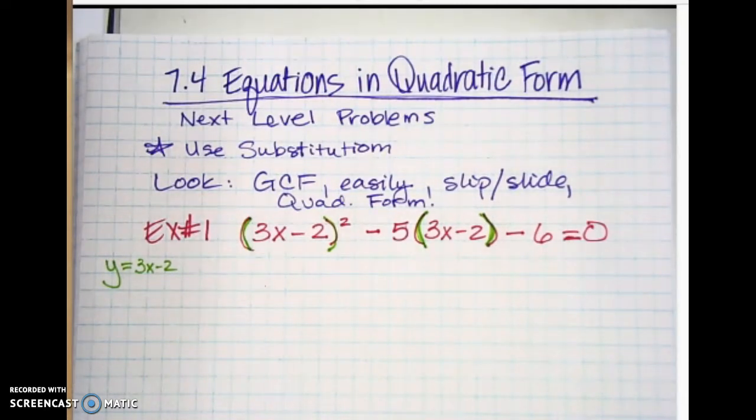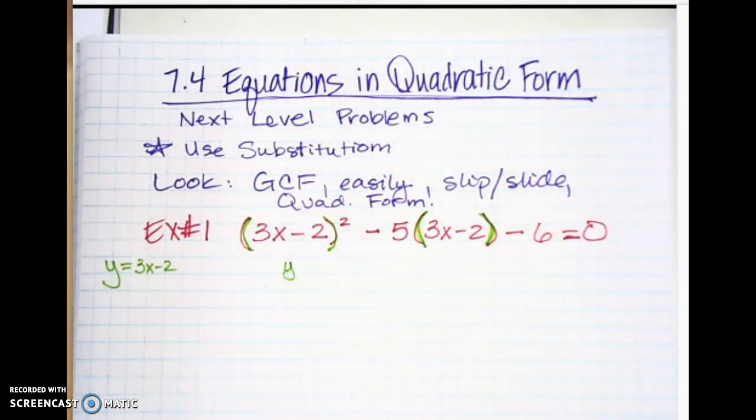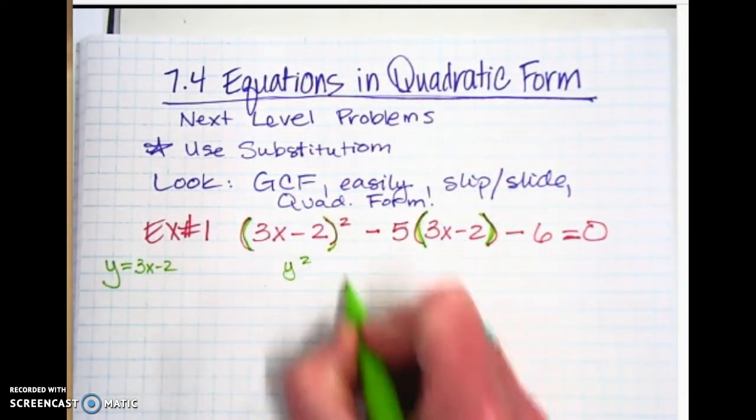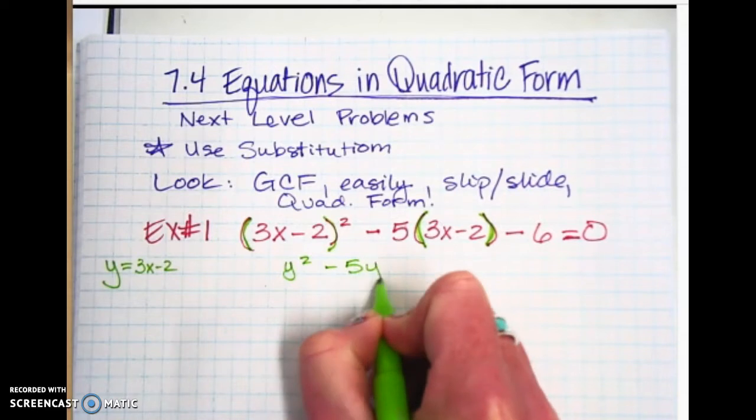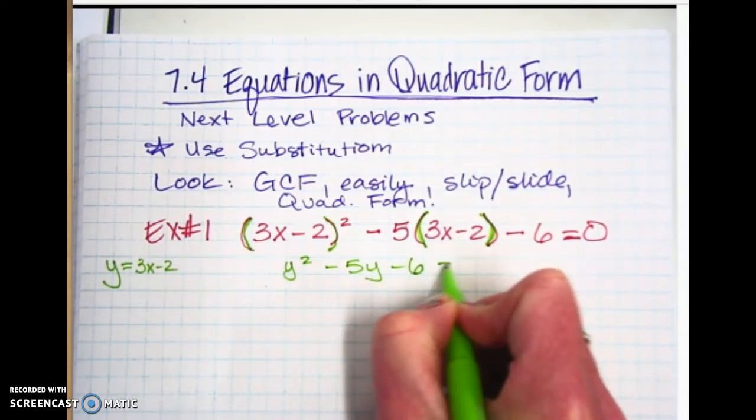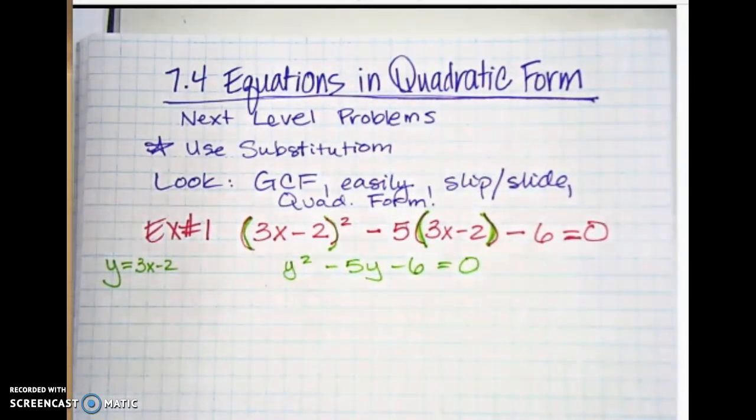Everywhere that we see the 3x minus 2, we're just going to say y. So this is y squared minus 5y minus 6. Doesn't that look a lot easier? So we just used substitution.